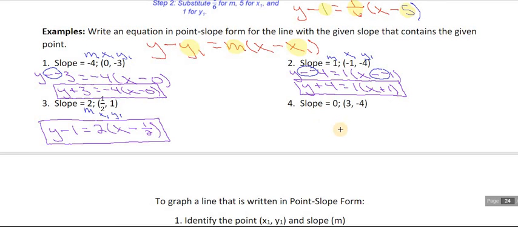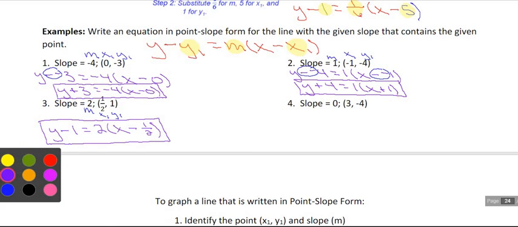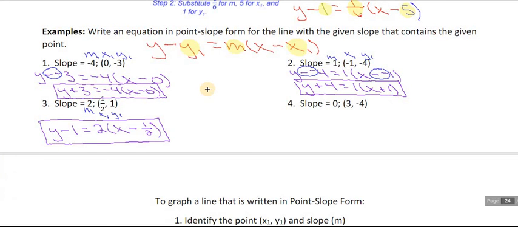And our last one before we go ahead and start graphing, number 4 says slope of 0, ordered pair 3, -4. So slope is 0, so that's m, 3 is x sub 1, -4 is y sub 1.